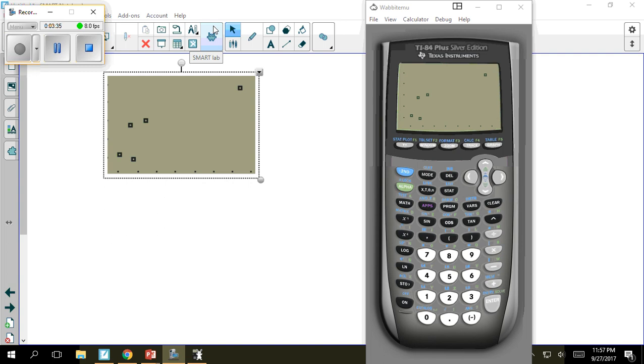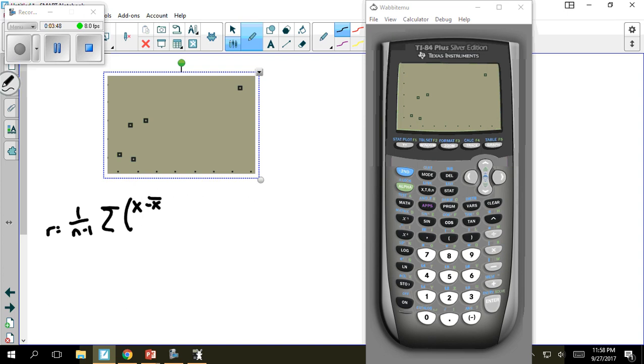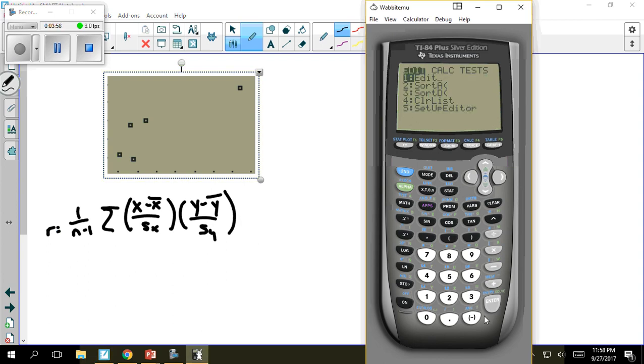And now I'm going to go and use the formula that I did before. I'll rewrite it here for us. So R is 1 over n minus 1 times the sum of x minus x bar over s of x, y minus y bar over s of y. And so in my lists, I'm going to put this in L3 and this in L4, but I notice I need x bar and s of x. So before I continue, I want to press Stat, Calc, 2-Var Stats, enter.